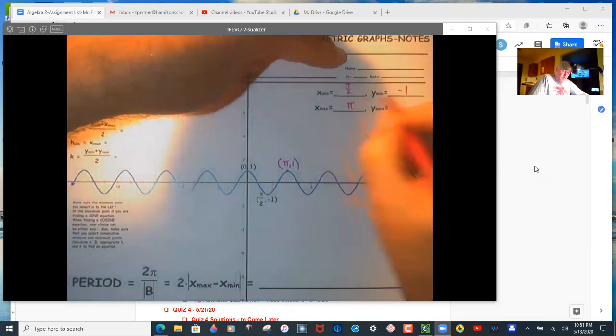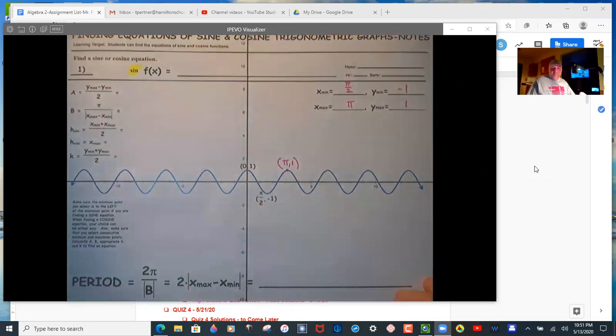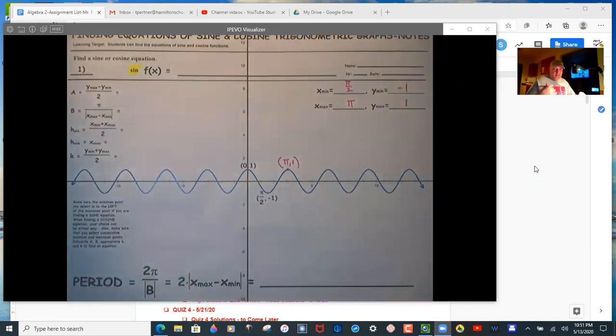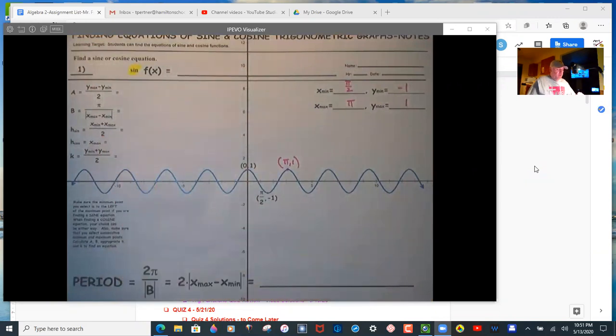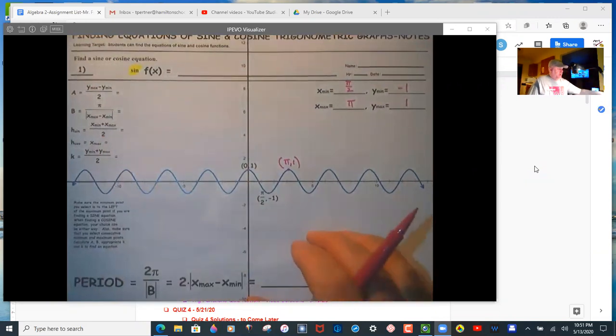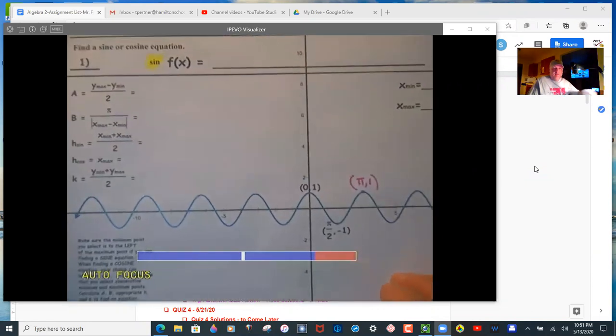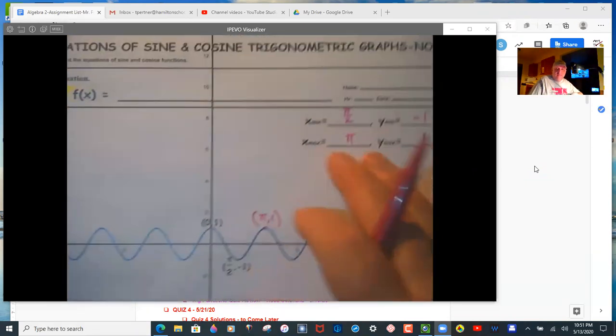And then the x max, y max is pi, 1. It's important, people, that you get that correct. And then the calculation of the period will have to come at the end because that's dependent upon the p-value.